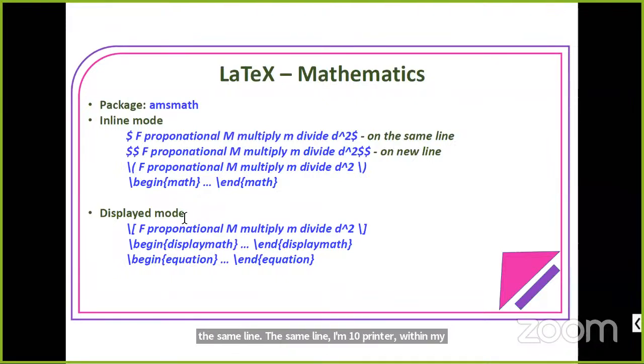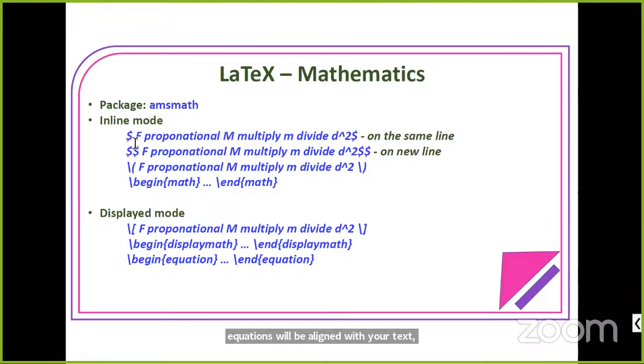If it is displayed mode, then the mathematical symbols and equations will be displayed after a line break, and after that you will have another line break and then your text will be available. Whereas in inline mode, your entire mathematical equation will be aligned with your text line, text sentences.